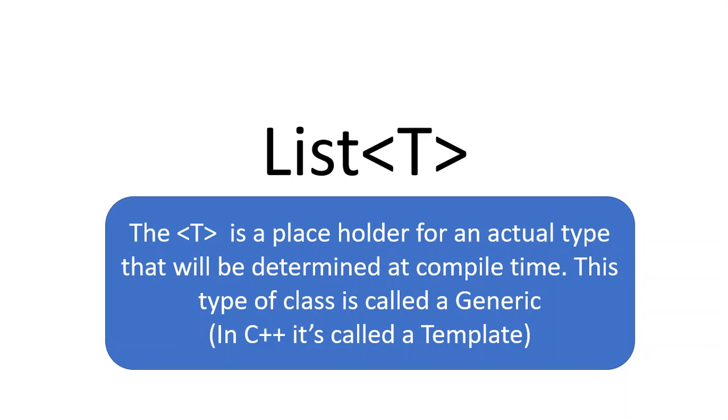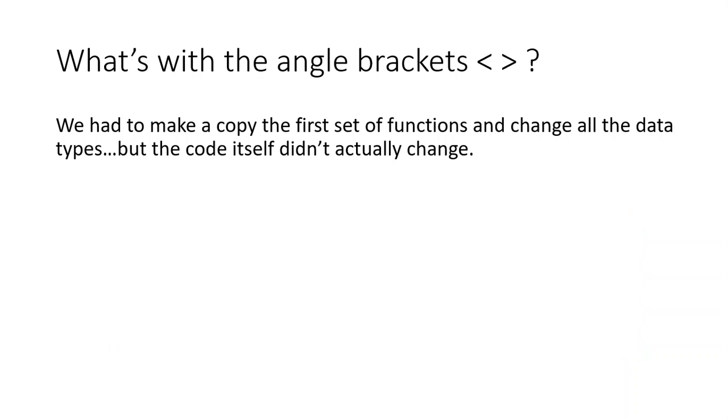The type inside the angle brackets is specified by you when you write in your code that you need a list that stores a particular type of thing. Again, the angle brackets in C# and the .NET world are called a generic.